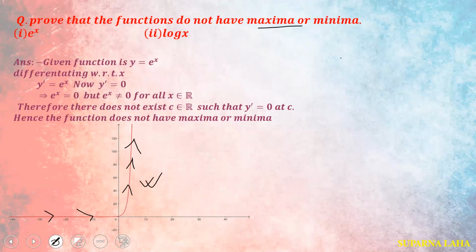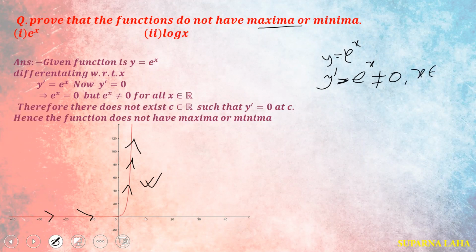So the function is y equals e to the power x. Now if we find the derivative, this is also e to the power x, and we all know that e to the power x is a non-zero quantity for all x in the set of real numbers. You can't find e to the power x equal to 0.